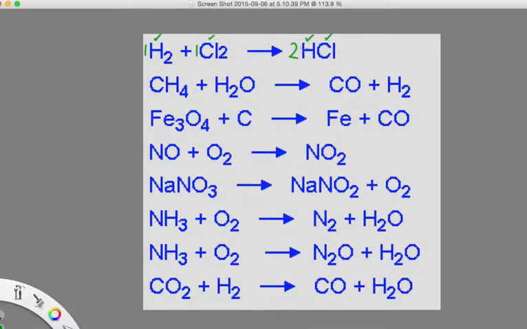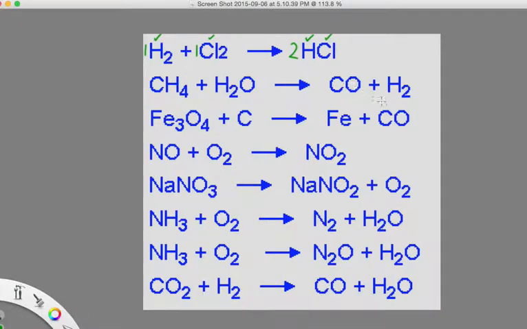The coefficients here, you can multiply a whole molecule by a coefficient. That means that this whole molecule is just basically doubled. Instead of writing HCl plus HCl, we just write 2HCl. So that 2 means that there's 2 of these HCl molecules. So 2 hydrochloric acid molecules.